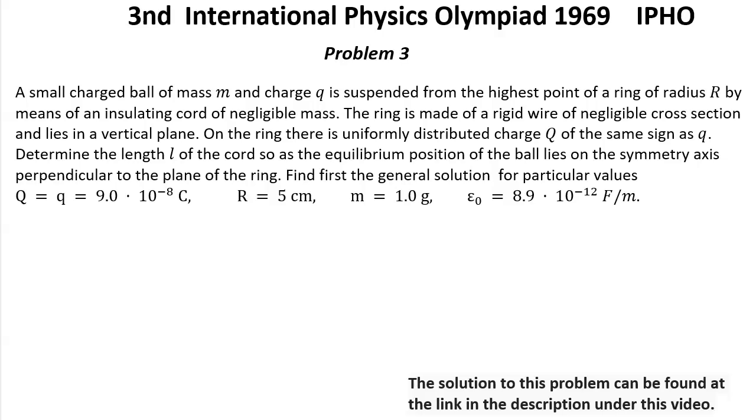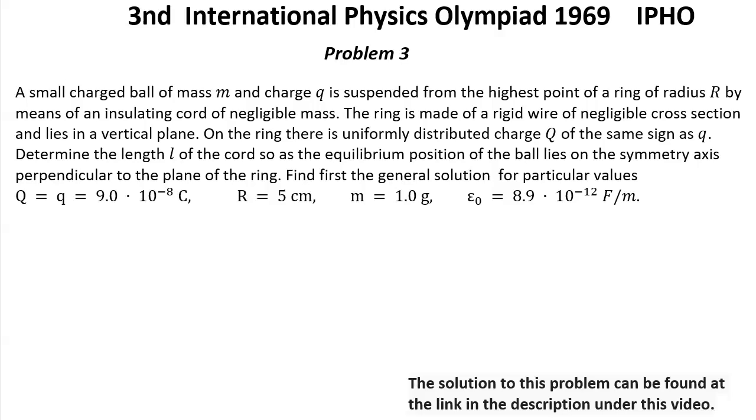On the ring there is a uniformly distributed charge big Q of the same sign as small q. Determine the length L of the cord so that the equilibrium position of the ball lies on the symmetry axis perpendicular to the plane of the ring.